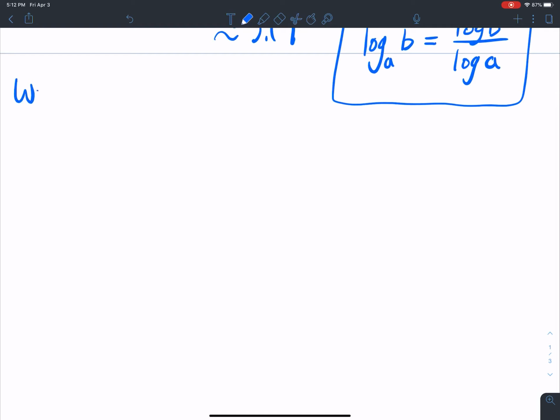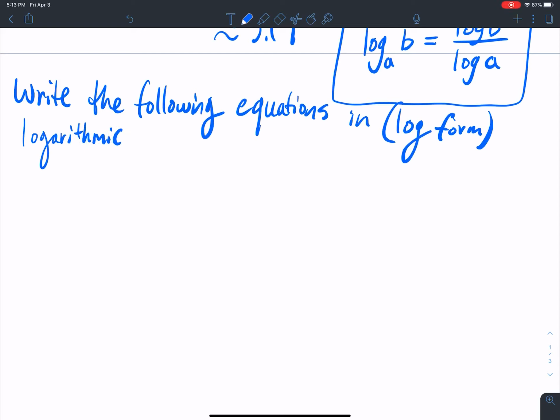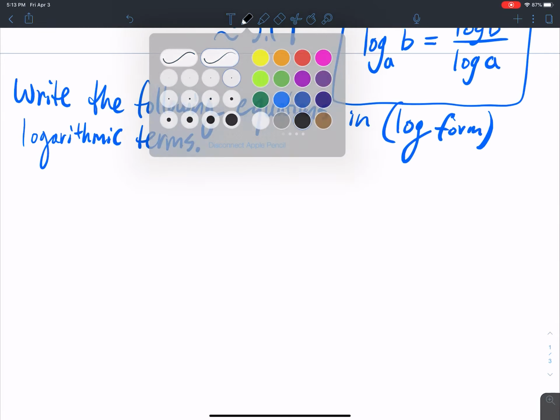So write the following equations in log form. Okay, log form, logarithmic terms.